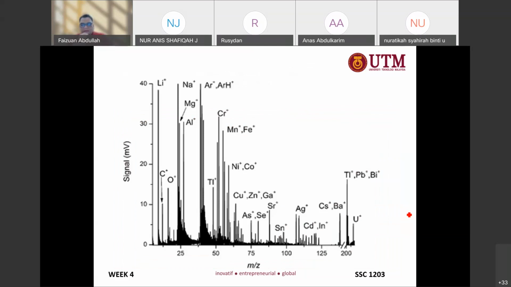So how does the ICP-MS detect the minerals, the metals? It is in terms of mass.